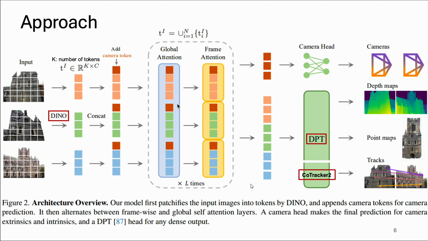It basically alternates between global self-attention layers and frame-wise self-attention layers. This attention module is basically sequence in, sequence out. So if a list of sequences is fed into this module, the output is the same number of token sequences. But after it comes out, these tokens will be rearranged into camera tokens and image tokens.